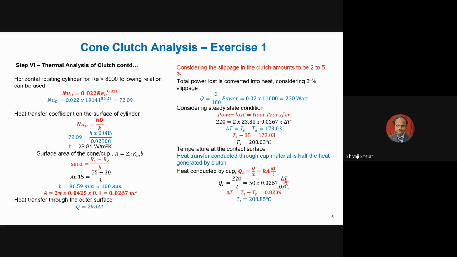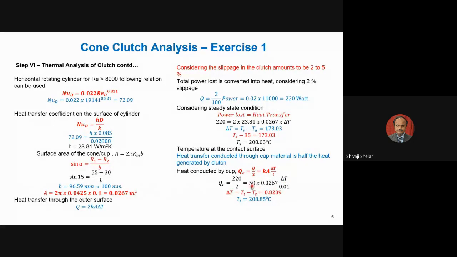Delta T is the difference between the friction lining temperature and the outer surface temperature or inner surface temperature of your cone, divided by the thickness of your cup or cone. The thickness we have taken as 10 mm, which in meters is 0.01 meter. From this you can calculate delta T. Delta T comes out to be 0.8239.